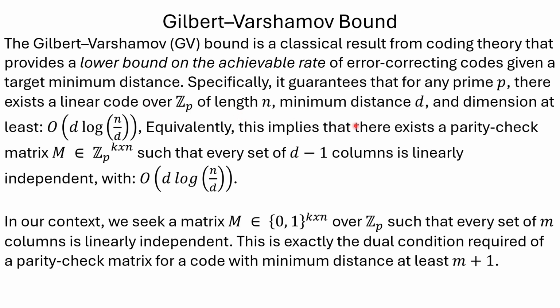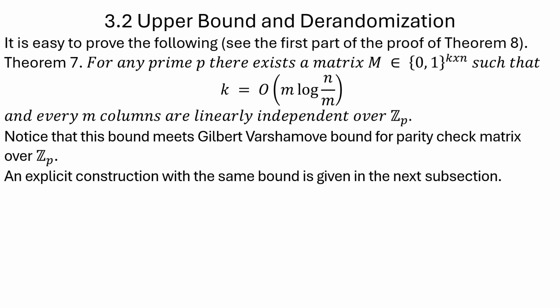Equivalently, this implies that there exists a parity check matrix M of size k by n, such that every set of d-1 columns is linearly independent. How are we going to use this? In our context, we seek a matrix M over Zp such that every set of m columns is linearly independent. This is exactly the dual condition required for a parity check matrix for a code with minimum distance at least m plus 1.